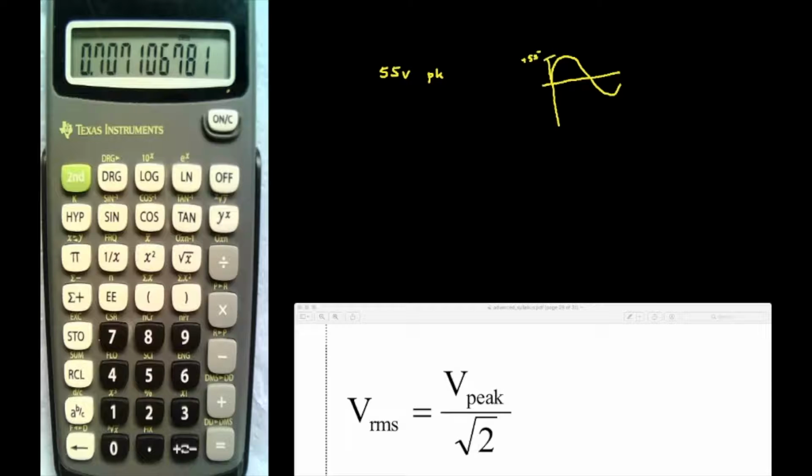And that's the peak voltage. What would the RMS voltage be? So VRMS, and the formula there is equal to V peak, 55, divided by root 2.